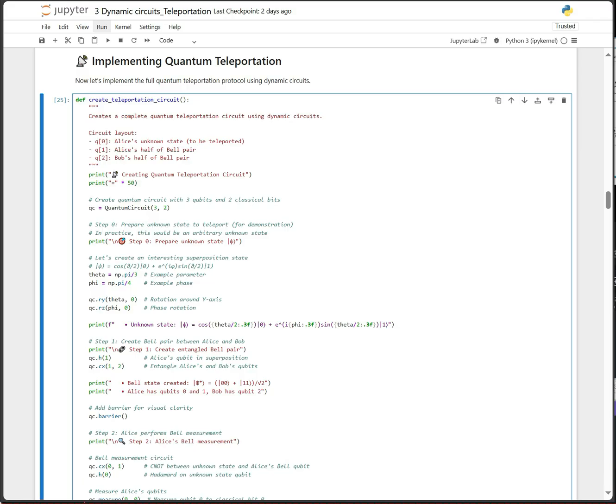We're going to have qubit 0, qubit 1, and qubit 2. The first one is Alice's unknown state. This is the one that's going to be teleported, and the second one is Alice's half of the Bell pair, and Bob's also having a half of the Bell pair.